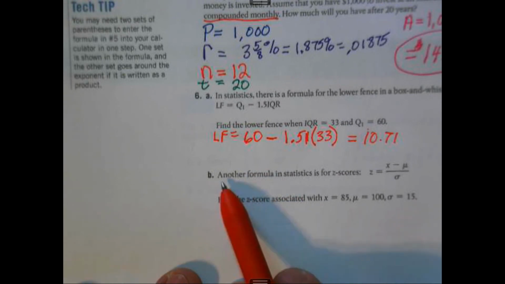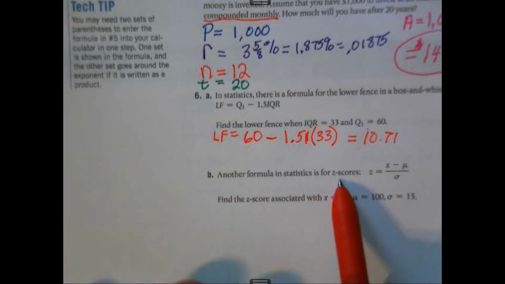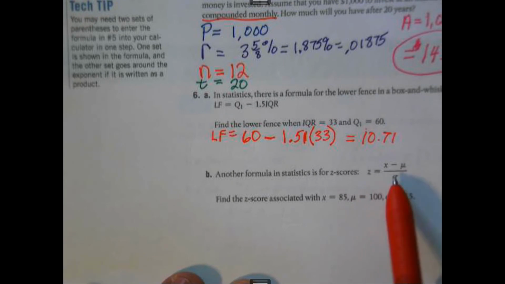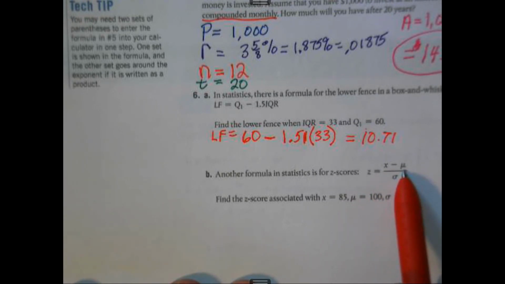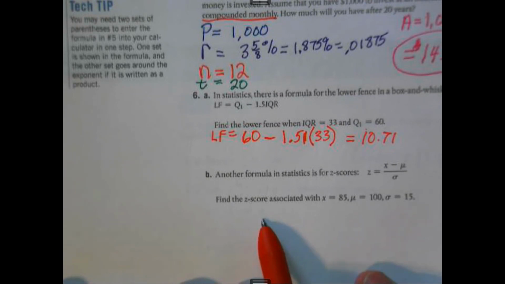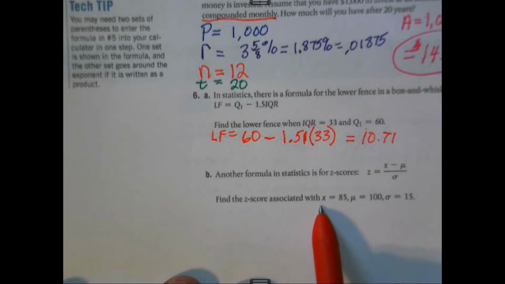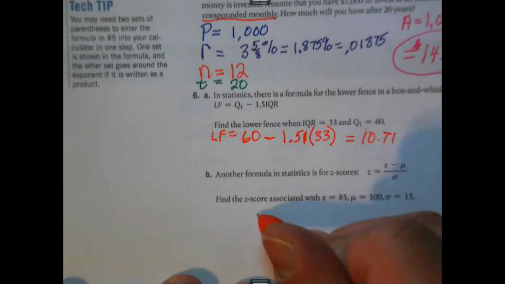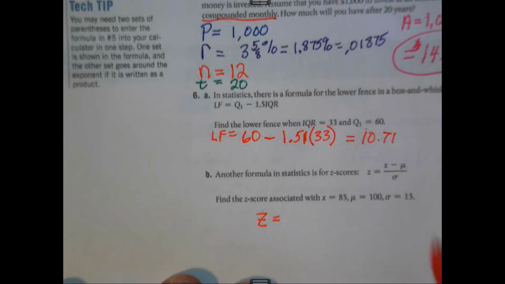Another formula in statistics is the z-score, where z equals x minus mu divided by sigma. So find the z-score associated with x equal 85. So we're finding z. Mu equals 100.